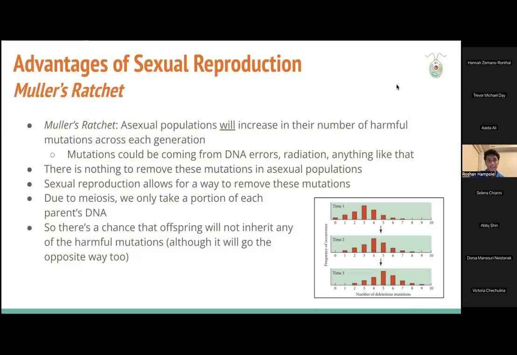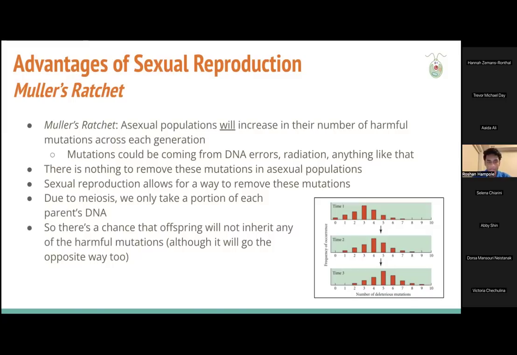Of course, this can also go the opposite way, where a gamete might inherit all of them, but there's a chance that it won't. So if you have multiple offspring, some of them will have these mutations removed, and some of them will inherit all of them. The ones that had them removed are probably the ones that are going to survive and keep going forward. That's the advantage of sexual reproduction: it allows for a way to remove these accumulated mutations.